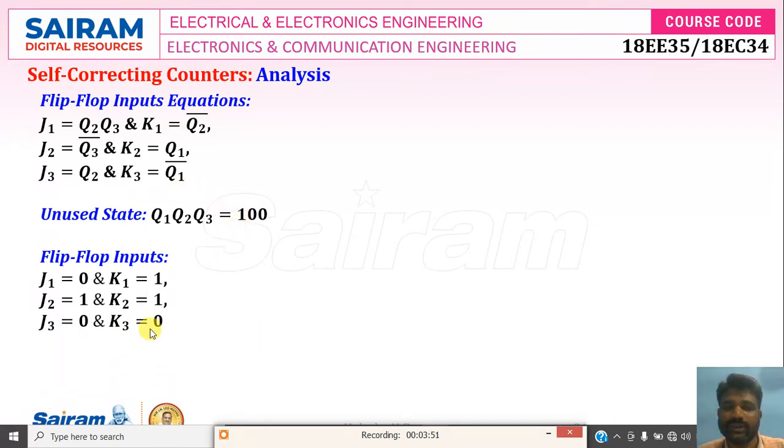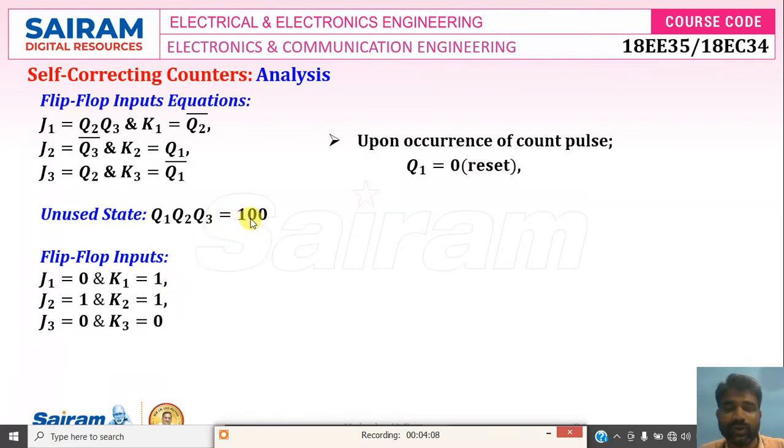So J3 and K3 are both 0. Upon the occurrence of a count pulse, since K1 is 1, Q1 resets. J2 K2 is 1 1, so it toggles, the complement of the present state: Q2 is 0 and the next state is 1. J3 K3 is 0 0, so it stays the same as the present state: Q3 is 0, so it remains 0.